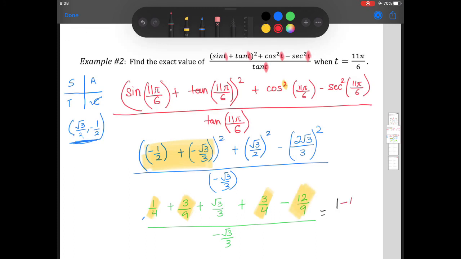That adds to negative 1, right? And then I'm left with just rad 3 over 3 and negative rad 3 over 3. These cancel out, and when you divide something by the negative of itself, you get an answer of negative 1. So that's your final answer.